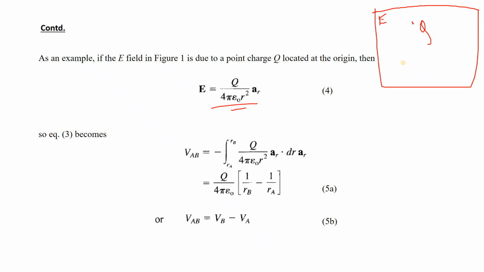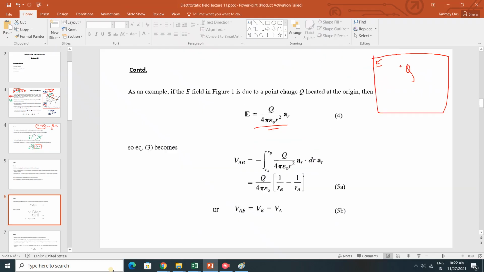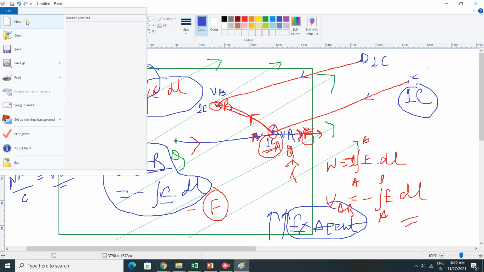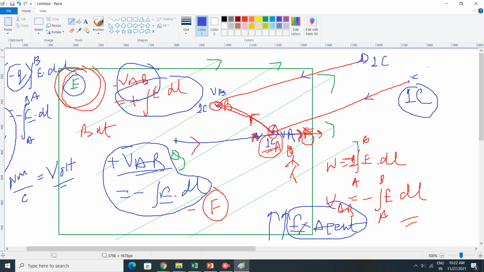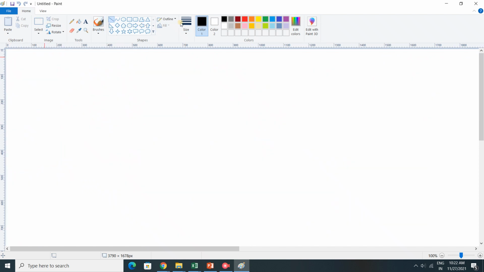Now if I want to move the point charge from A to B, suppose this is the origin, suppose this is represented in a 3-dimensional Cartesian coordinate. If I show you, it will be better for you.